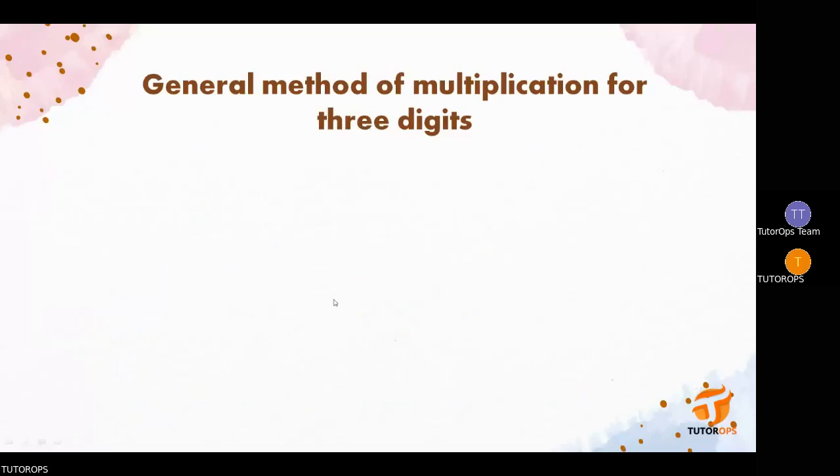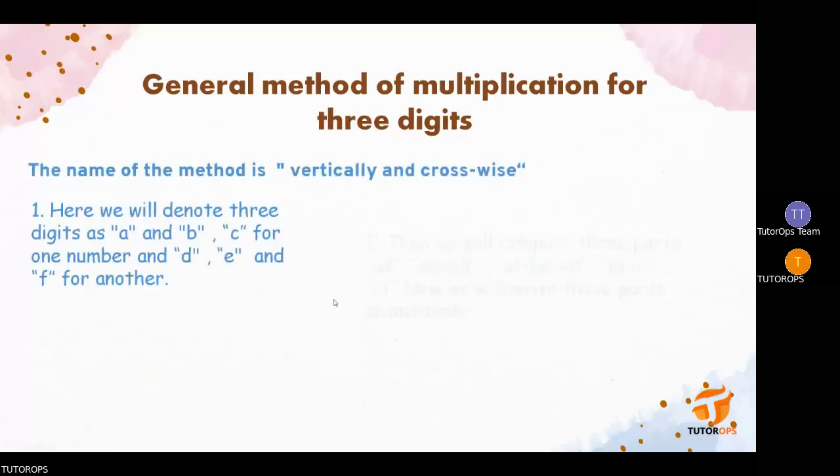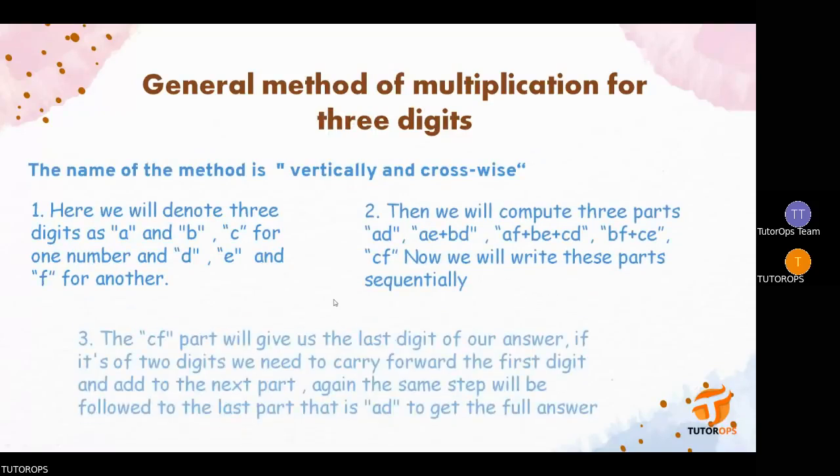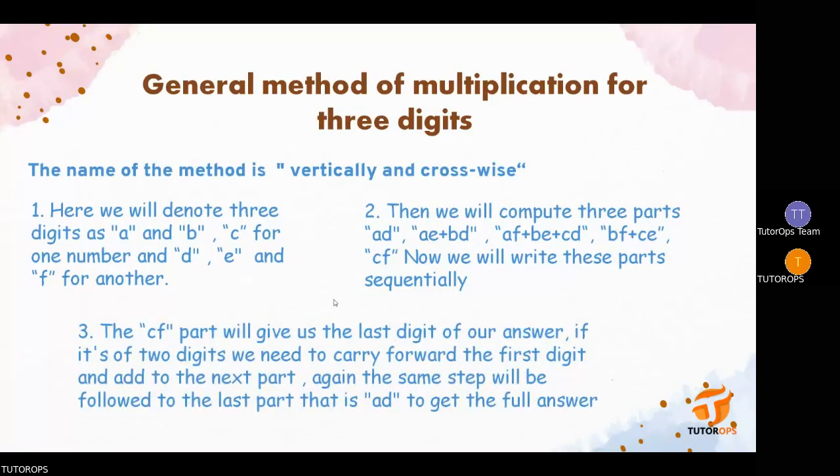Now, I can extend the method for 3 digits also. For 3 digits, remember one thing, that there won't be AB, here it will be ABC, and the latter part will be DEF. And what will be the parts? Here the parts are a bit complicated.